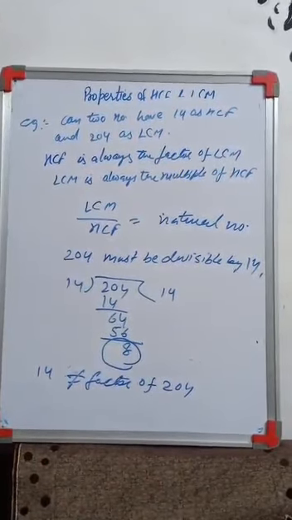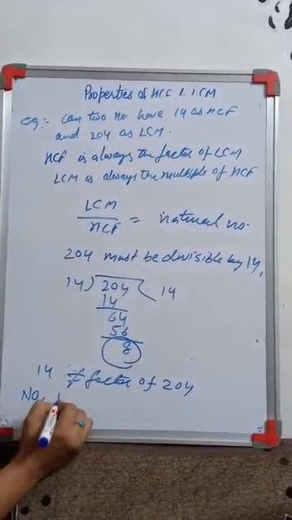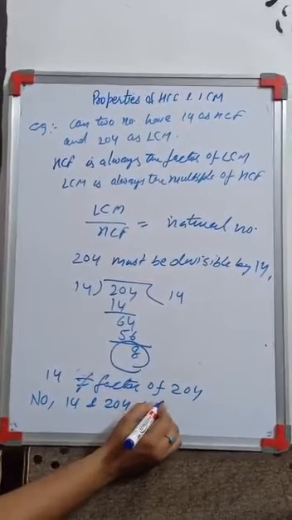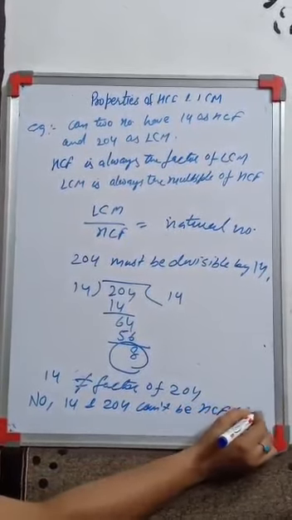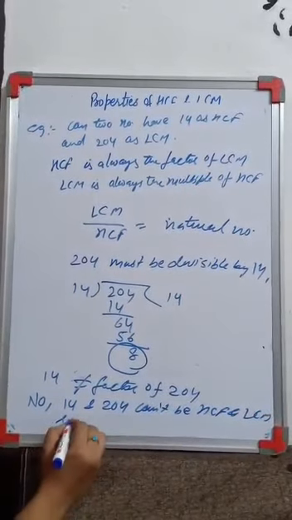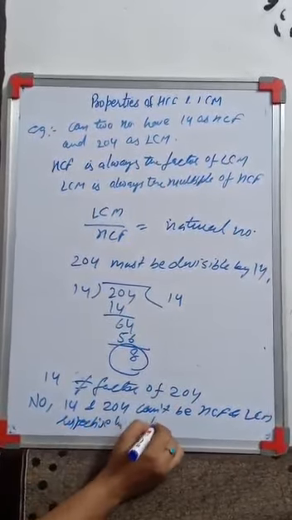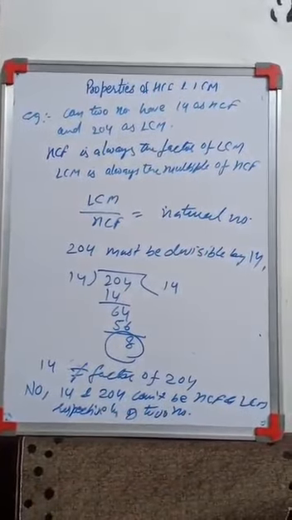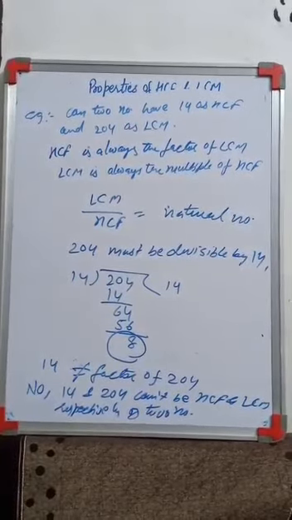If it is not a factor of 204, that means no, 14 and 204 can't be the HCF and LCM respectively of two numbers.